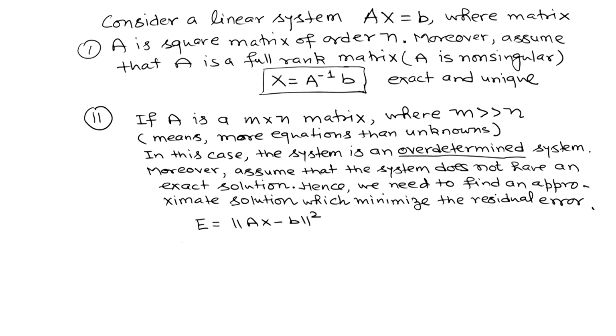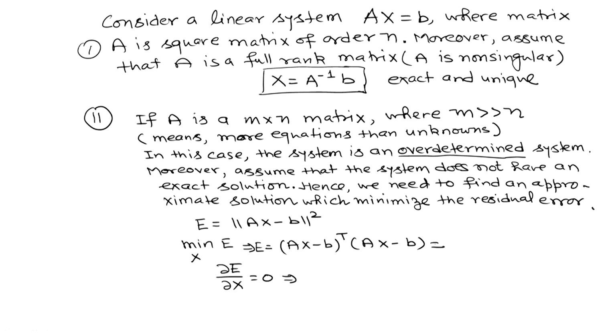What I need to do is minimize E. I have to find such x which minimizes E. So this means I need to minimize (Ax minus b) transpose into (Ax minus b), which is the norm of E. Since I have to minimize this function, I have to differentiate E partially with respect to x, and put it equal to 0.